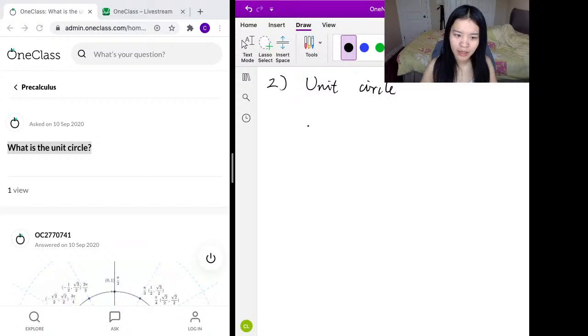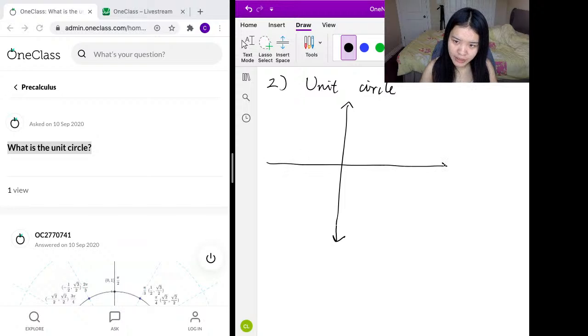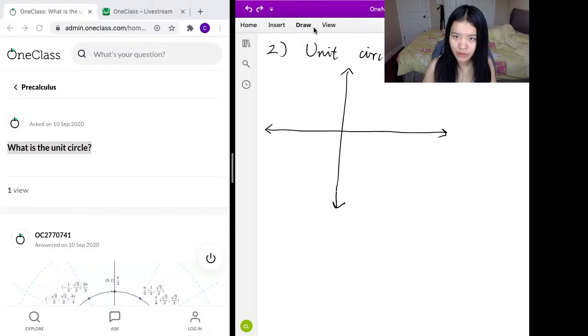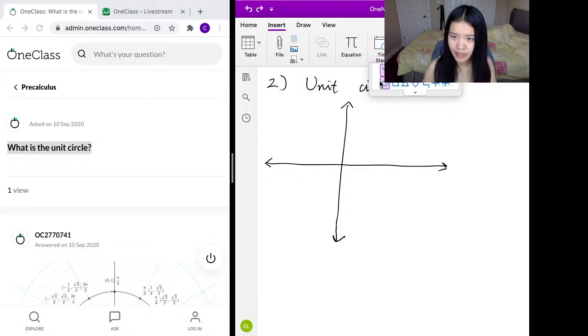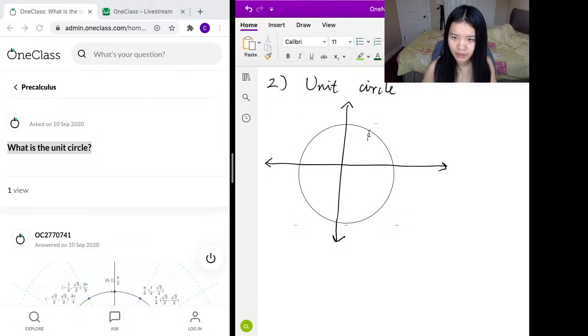The unit circle actually has some important trigonometric meaning and applications, but for your purposes, the unit circle obviously is a circle, and let me try to use this function so that it can actually include a circle that's more regular. Okay, so this is the unit circle.